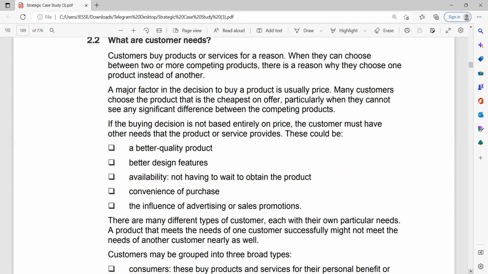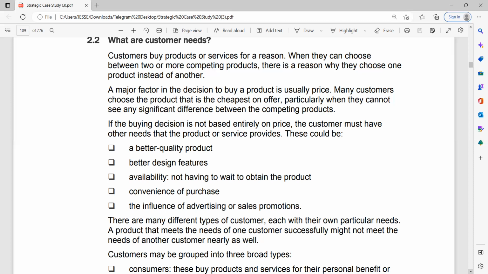Usually, customers would have competing products, so customers have to make a choice, and a major factor in making that choice could be price, or sometimes it could be the quality of the product. There are several reasons. So we would look at some of the factors which customers take into consideration to buy, what influences the buying decision of customers.